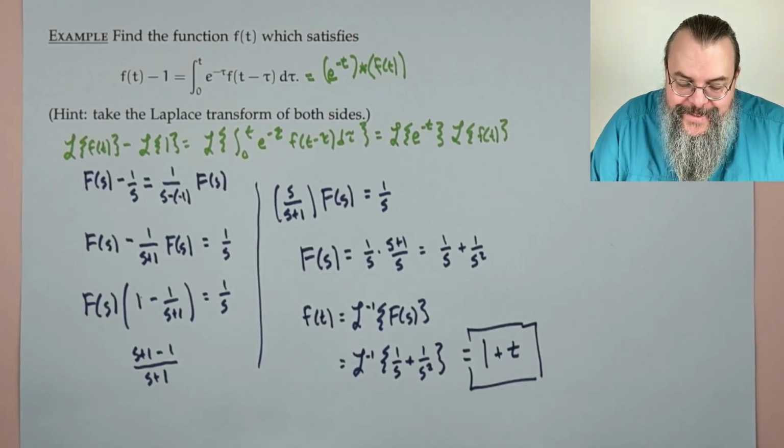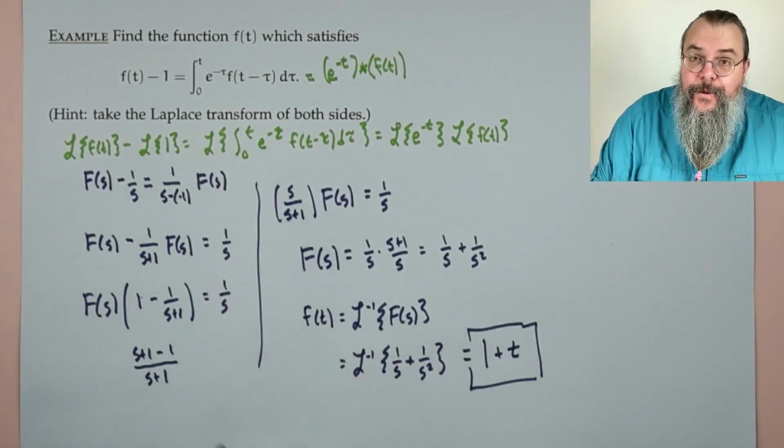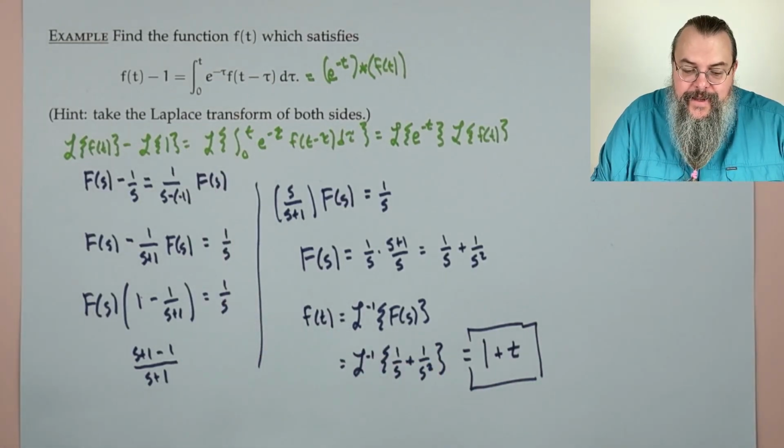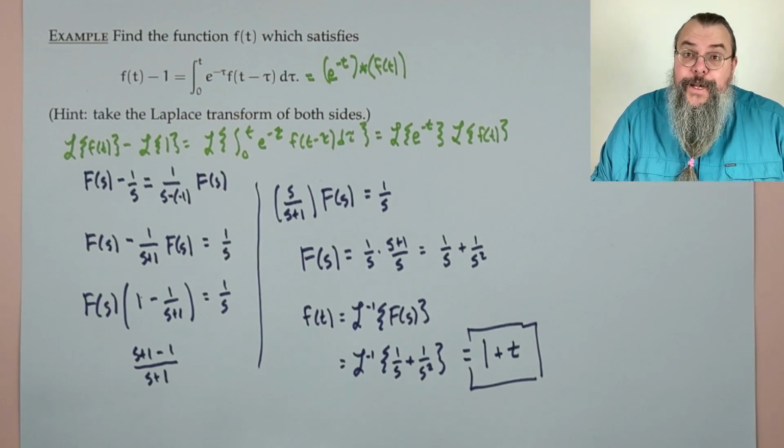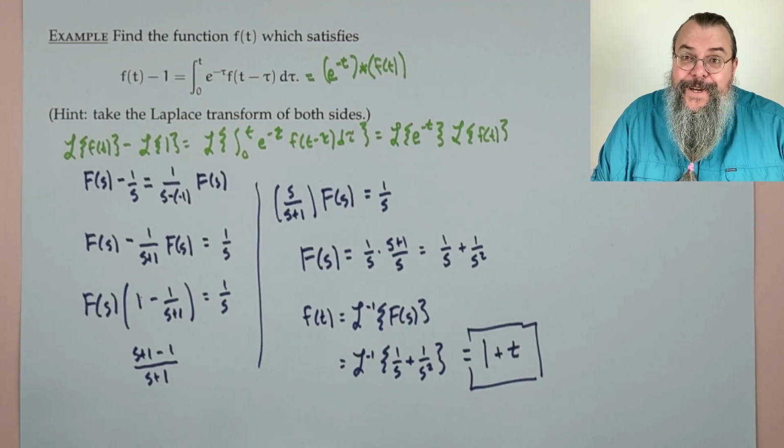That's it. So 1 plus t is the function that does what we claim it does. That's actually pretty remarkable. It's a very simple function. And you know what? We like simple functions. They're one of our favorite kinds. So there you go.